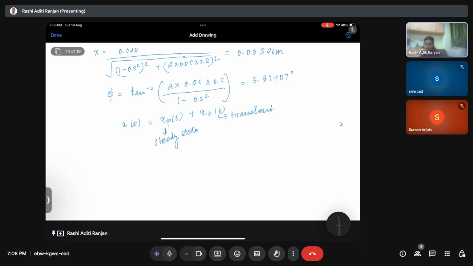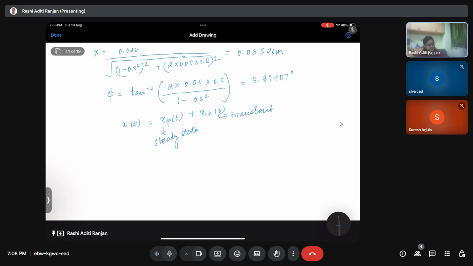Now we know that we are working in the linear range of the system and hence the principle of superposition is applicable. So this is absolutely true. But if we had been working in a nonlinear range, we could not write it by adding x_p(t) plus x_h(t). Now for the steady state response, I already have the values.